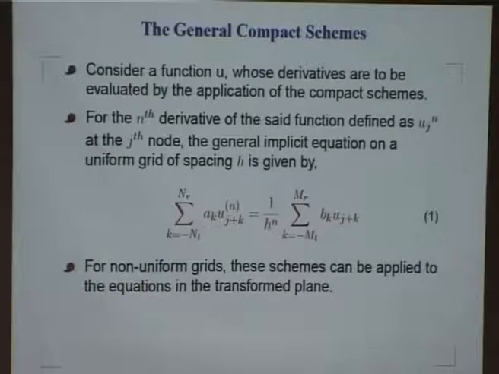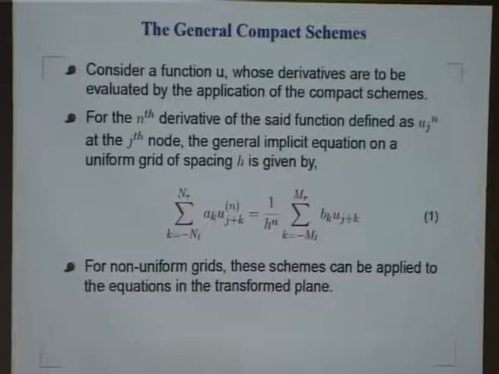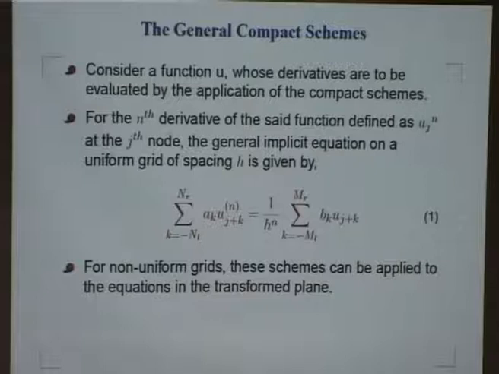What of course you will have to do is transform your governing equation first. You will have to do an additional step there. Whatever governing differential equation you have in the physical plane or the Cartesian plane, that's what we most of the time write. We transform it into a computational plane, and in the computational plane we always have uniform spacing.